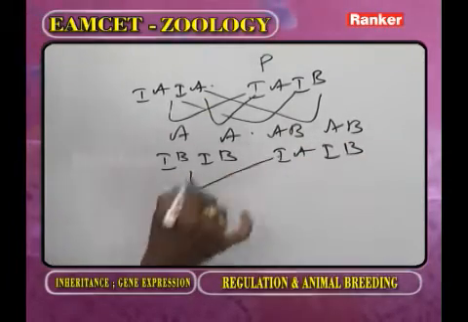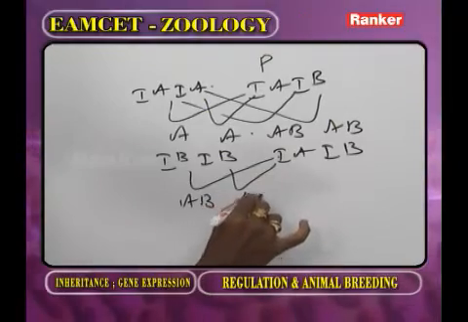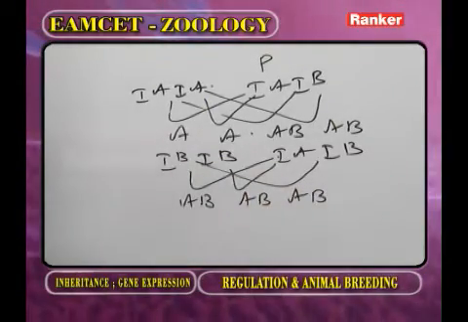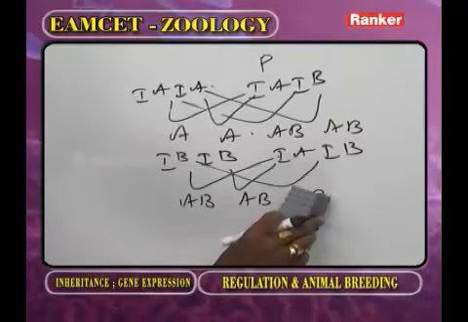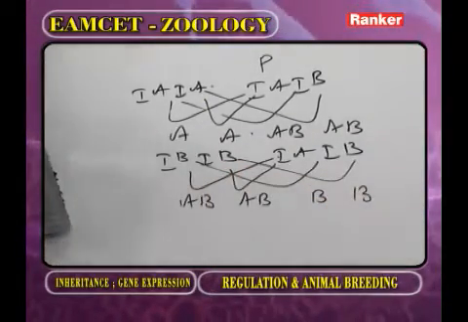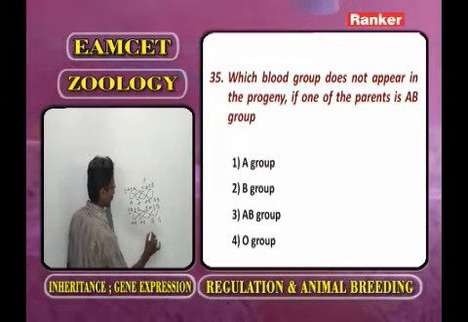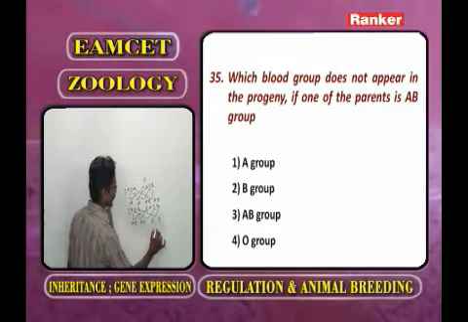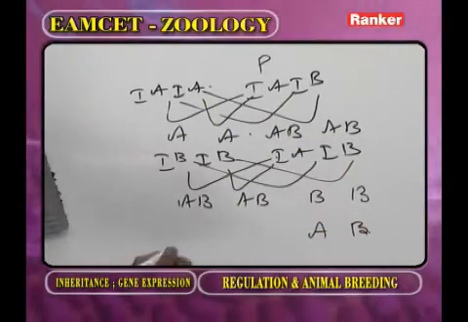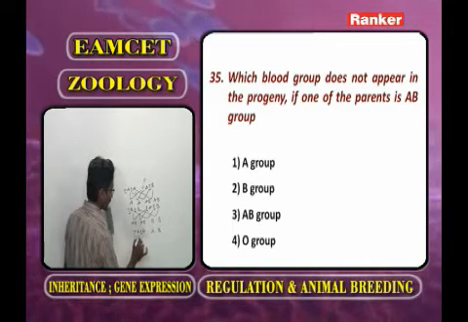If we go for the cross, we are getting AB and next B blood group, and again we are getting the B blood group. Now the third one: again the parent is IAIB, and the third option is AB, that is IAIB.